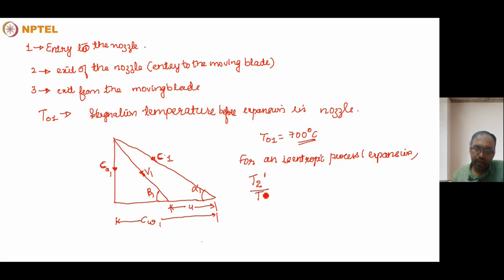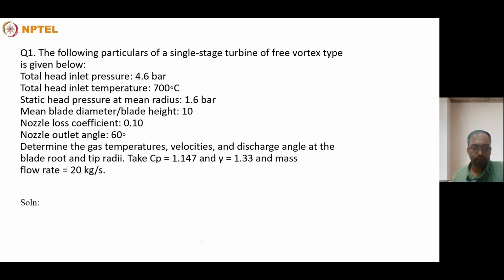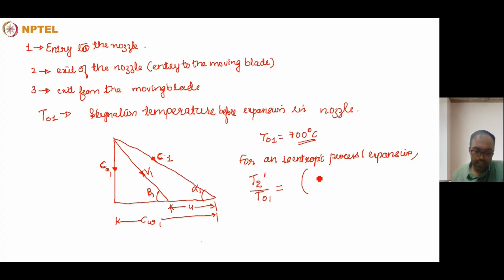So using that, we'll get T2 dash divided by T01 equal to P static at the mean radius divided by stagnation pressure, raised to the power of gamma minus 1 by gamma.